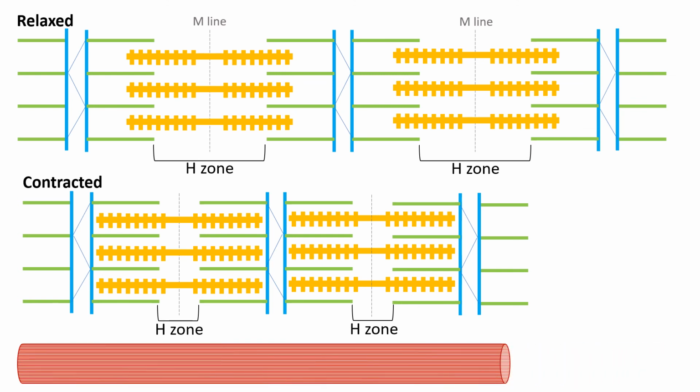And consequently, our whole myofibril and all the myofibrils within that myocyte will shorten. This will shorten that myocyte. In other words, the myocyte is now contracted. That will have an effect on the entire muscle, and the whole muscle will contract, depending how many myocytes have been stimulated.